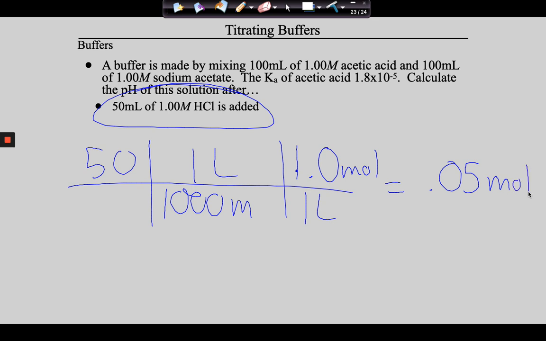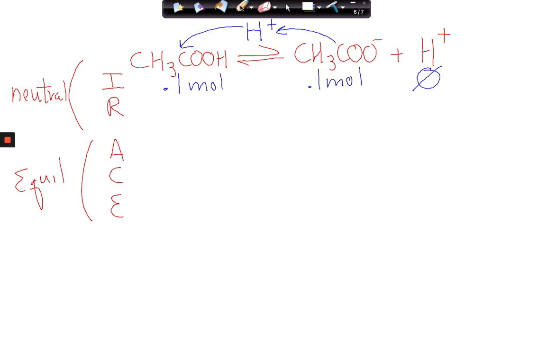Let's make sure you're really clear on what we just figured out. We now know how many particles of HCl we added, in moles, which are counting groups. So we are adding 0.05 moles of HCl.